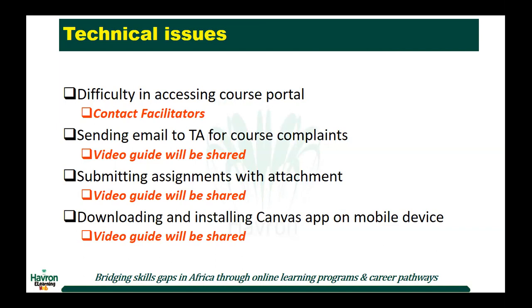And then sending an email to the TA, that is the Technical Assistant from the University of Washington, for any complaints. We'll be sharing a video on submitting assignments with a chat attachment. We're sharing a video, and then downloading and installing the Canvas app on a mobile device. Some of us are new, this is our first time doing a course with the University of Washington.